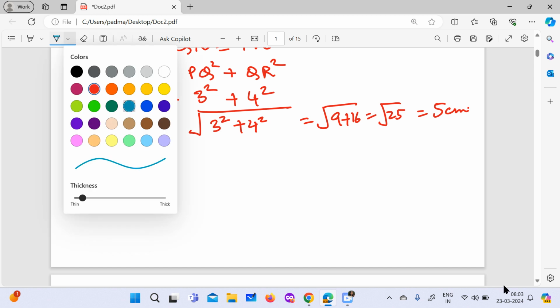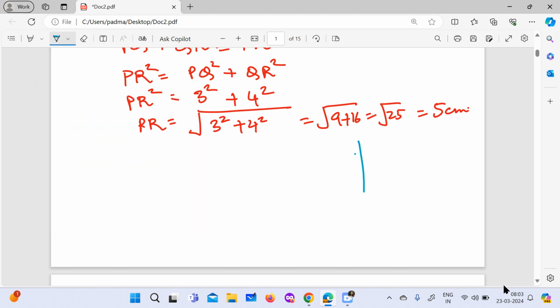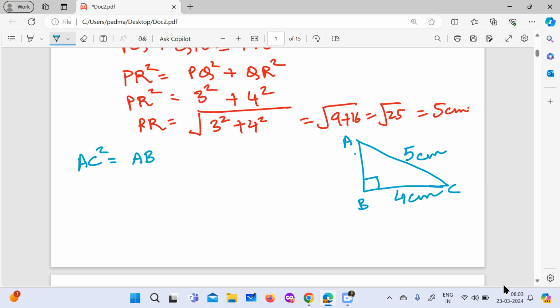I will take one more example with the same measurements. Again consider this is your 90-degree angle and this is the known longest side, and suppose we know this side as well, 4 centimeter. Let me mark it as ABC. So it will be AC square equals AB square plus BC square. And now you see that we have to find this missing length.